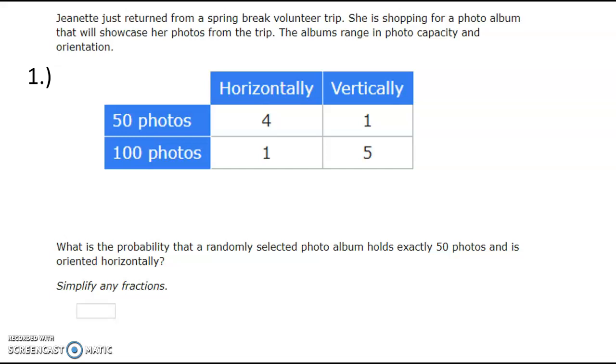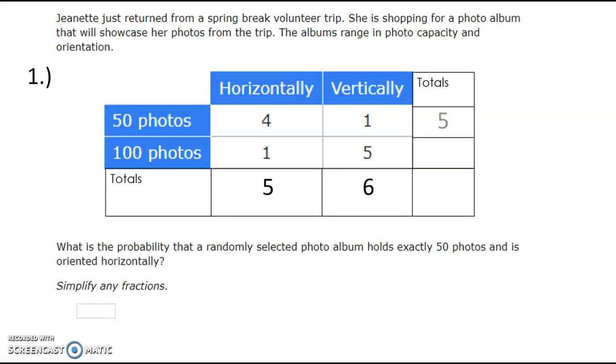We're going to begin number 1 by reading the question underneath the two-way table. What is the probability that a randomly selected photo album holds exactly 50 photos and is oriented horizontally? I'm going to begin this problem by adding a total column and a total row. This just helps to illustrate that the total of your two-way frequency table is 11.